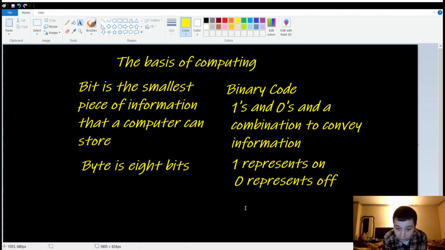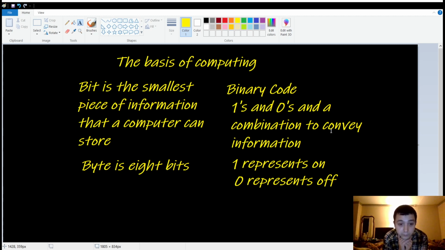Like a picture, text, anything. It's going to be composed of a bunch of ones and zeros that you're not seeing. So that's a very important part of it. That's why it uses that language. All it knows is ones and zeros, because they're electrical.